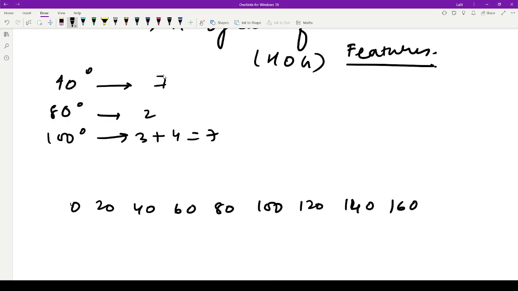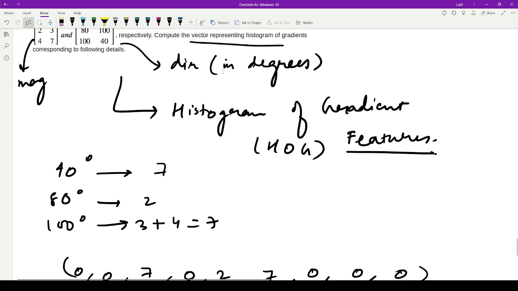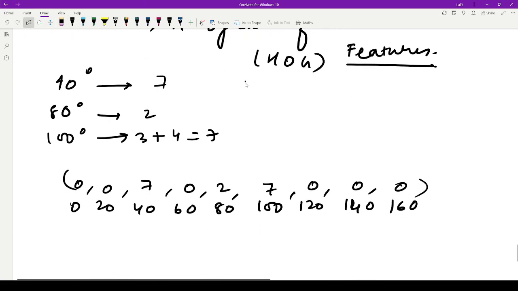So for 0 degree, there is no magnitude, so it's 0; 20 is 0; 40 is 7; 60 is 0; 80 is 2; 100 is 7, and others are 0. So your vector will look like this. Is this fine? So the core idea is add the gradient magnitude.